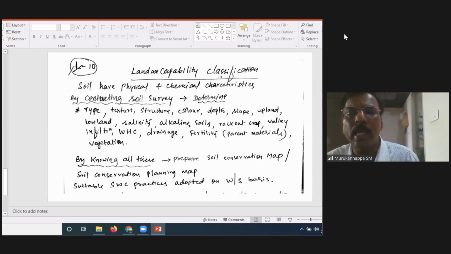This area is about 100 hectares. For example, these 100 hectares are not suitable for cultivation, another 100 hectares are for cultivation, and another 100 hectares are only for plantation. Like this, you have to go for mapping. Mapping is to be done. Is it clear, all of you?